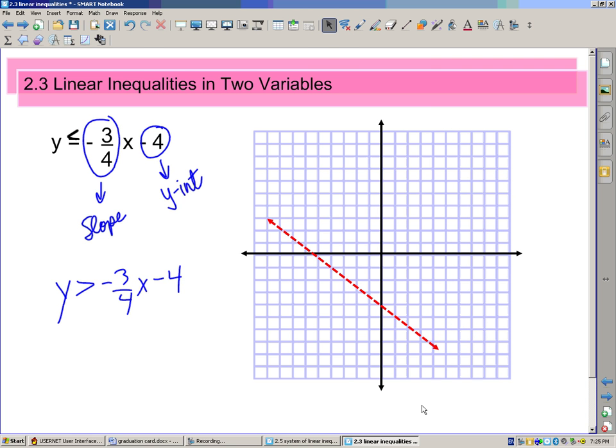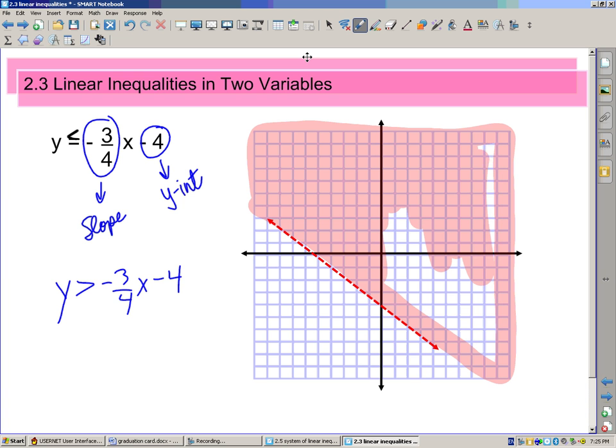So I have a dashed line, and I'm going to shade above the line. And then that would be y is greater than -3/4x minus 4.